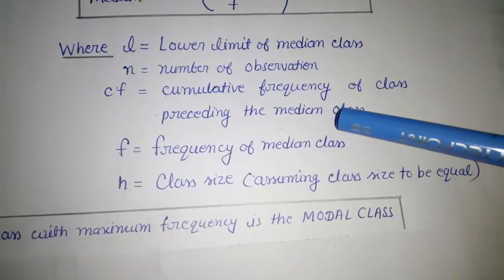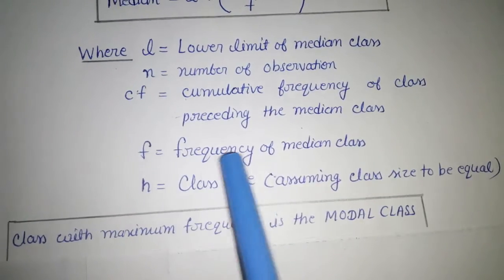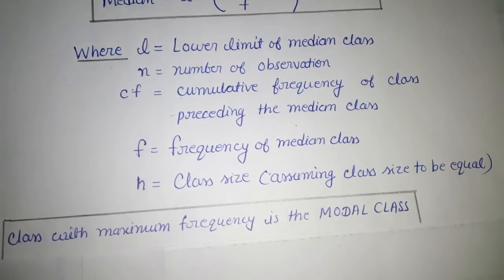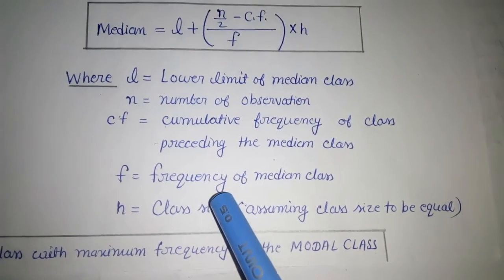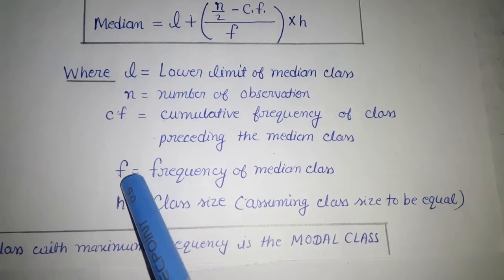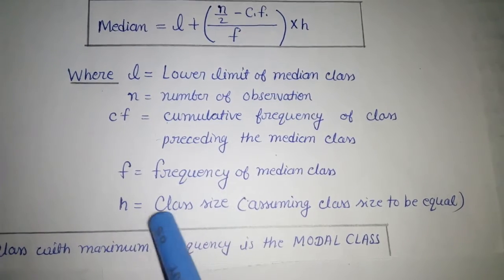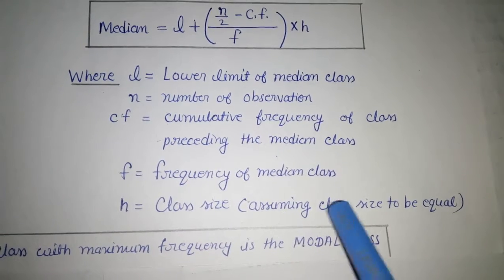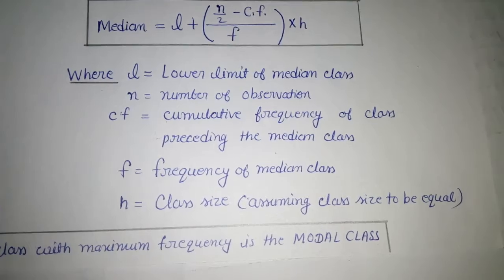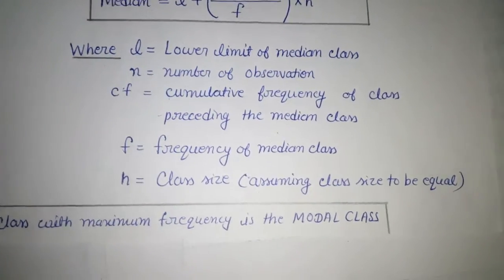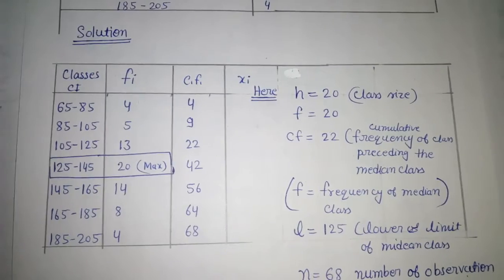So here CF is the cumulative frequency, and F is the frequency of the median class. Whatever class we choose as the median class, the frequency of that class will be F. And H is the class size, assuming the class size to be equal. Class size means you can say the common difference.